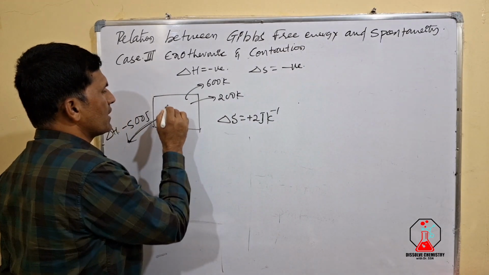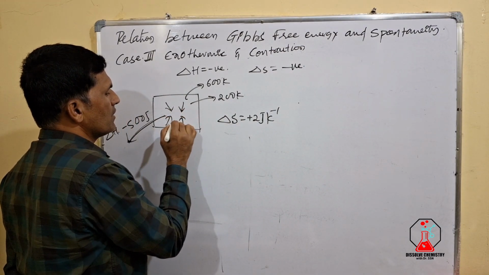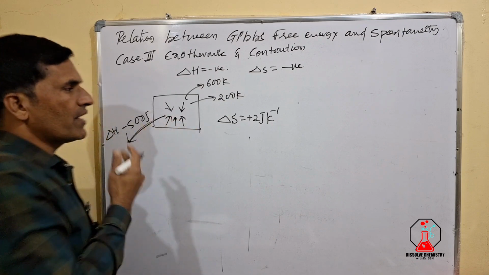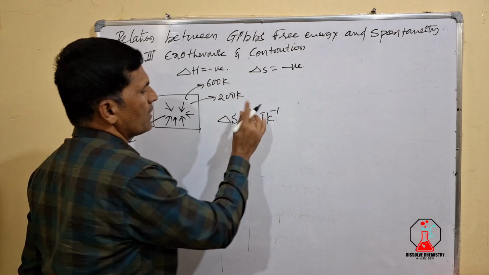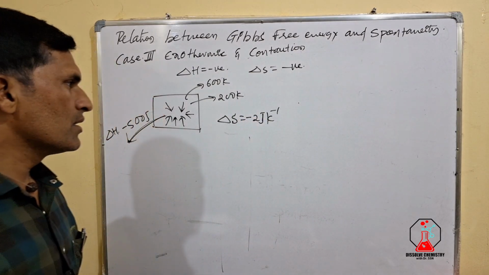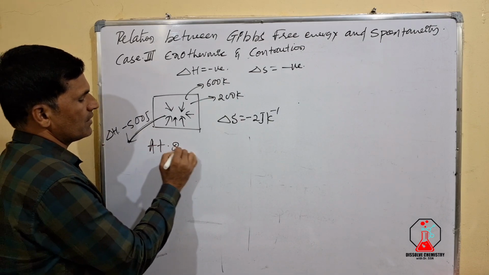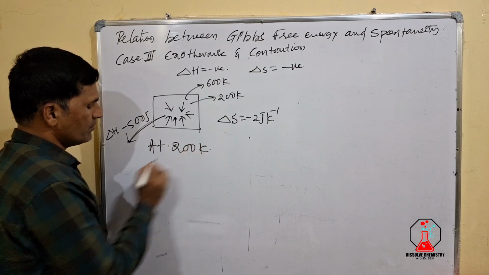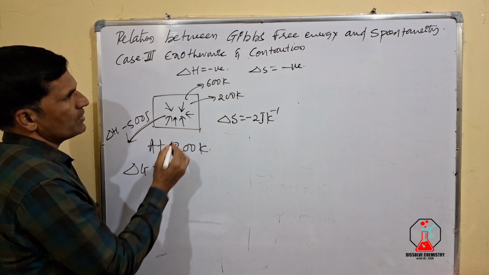Now, instead of expansion, the system is evolving heat energy of 500 joules. Along with that, it is undergoing contraction by how much? By minus 2 joule per Kelvin. Now we will see at two different temperature conditions. At 200 Kelvin, delta G is equal to, what happens?